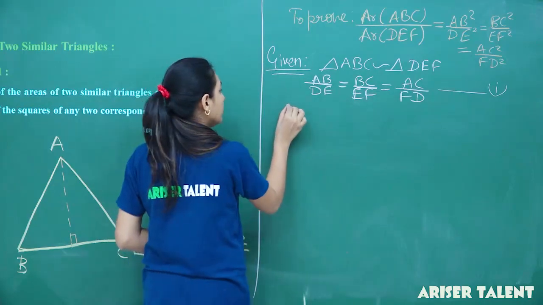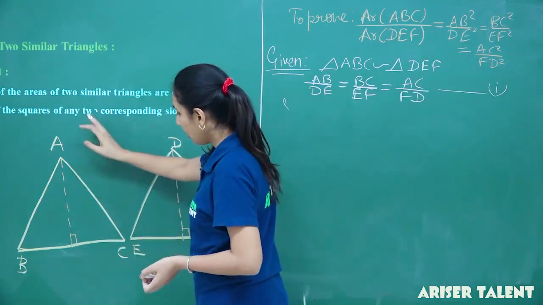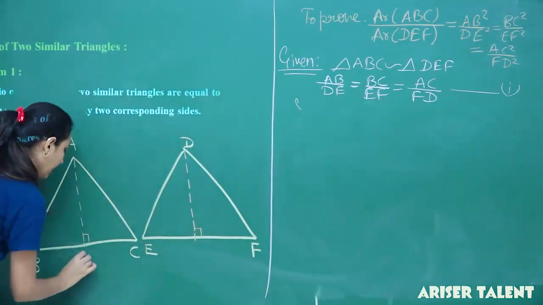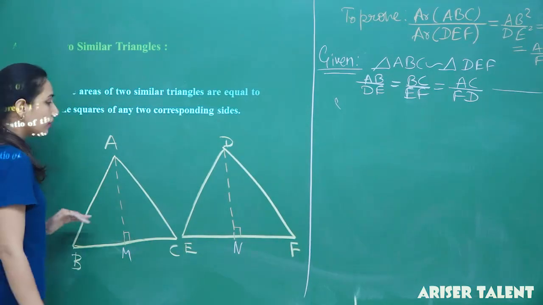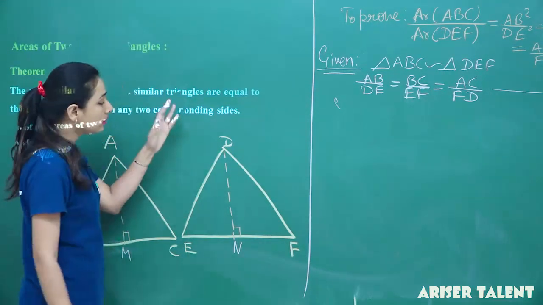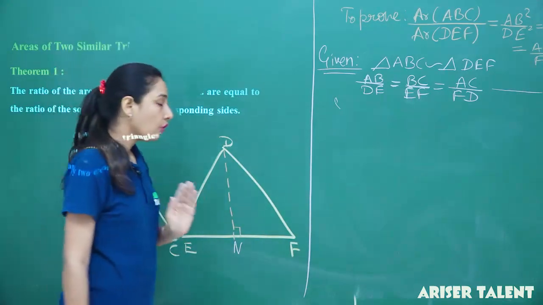Now the second: in the triangle we construct AM such that AM is perpendicular to BC and DN such that DN is perpendicular to EF. Okay.